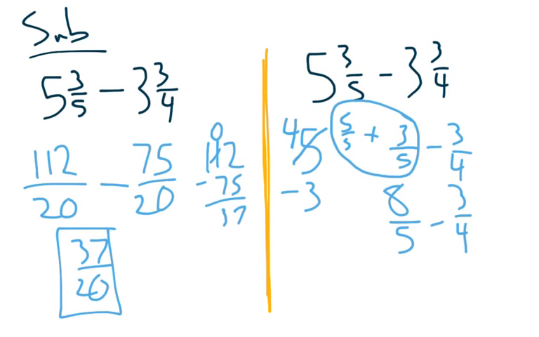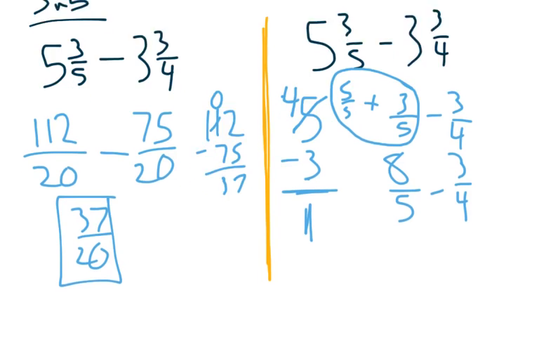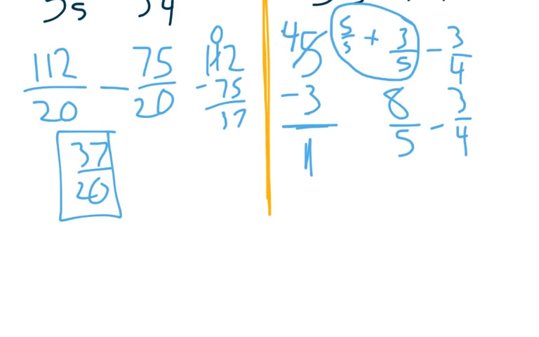Now we can do this subtraction here, and our resulting whole number is going to come from 4 minus 3, which is just 1. We'll need to get a common denominator, so it's still going to be 20, and we'll times this one by 4 over 4, this one by 5 over 5, and so we'll have 32 minus 15 over 20.